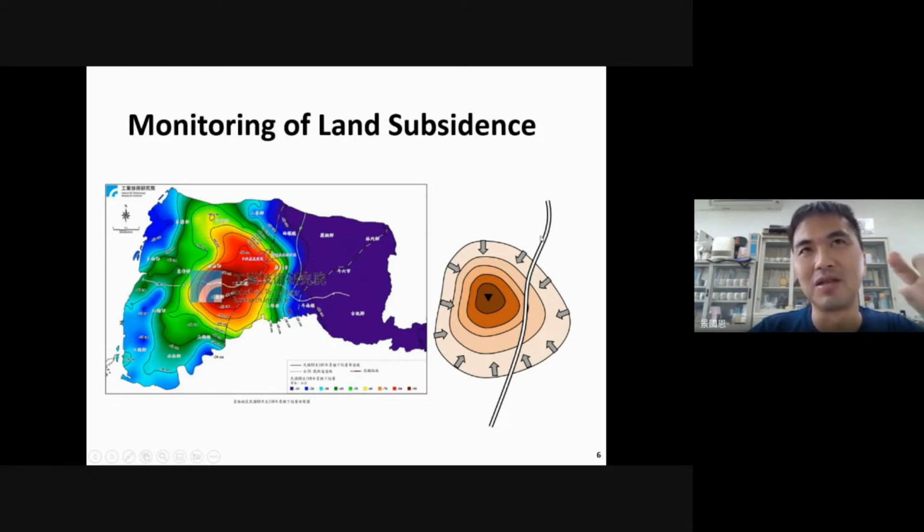We also need to understand the surface deformation in other areas, because always keep in mind, the reason we want to monitor the surface deformation is because we want to predict or estimate the disasters caused by faults or land subsidence or any other geological disaster.